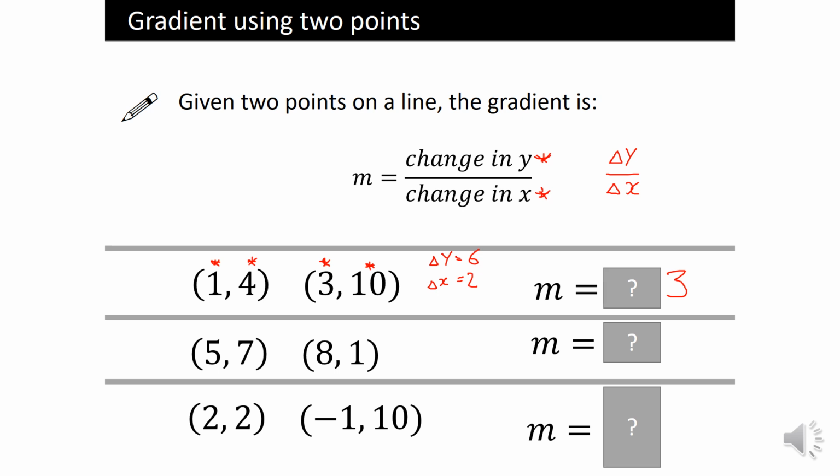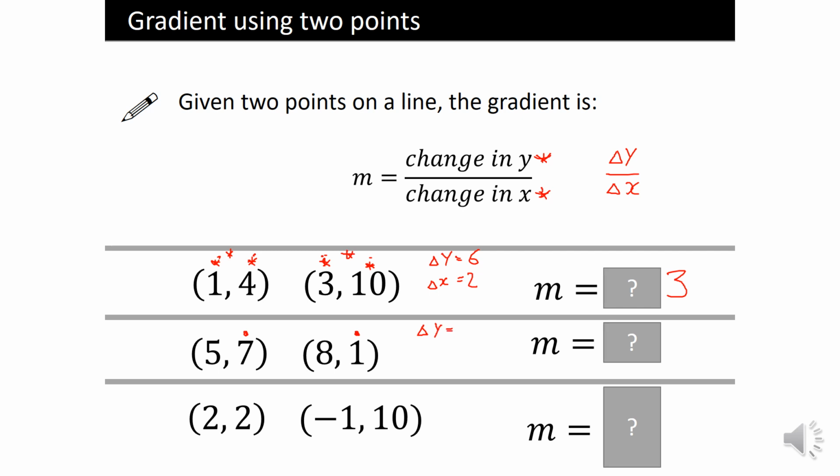Be careful when you're doing this: if you're taking away this one from this one to work out the change in y, you also need to take away this one from this one for x. Make sure you're taking away the same way round each time. So I've got 1 going to 7, so I'm going to do 1 minus 7 to work out the change in y.